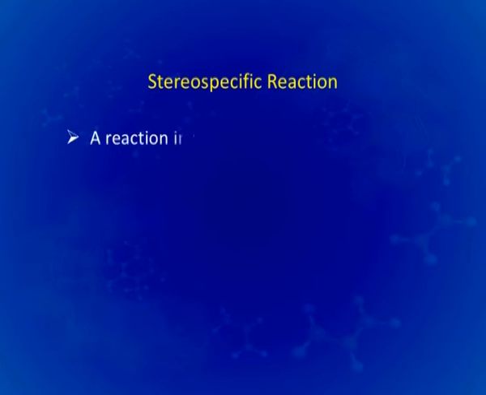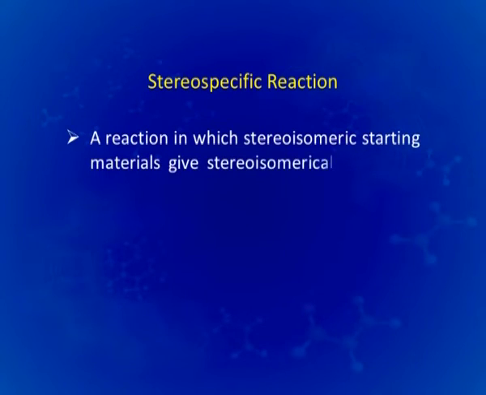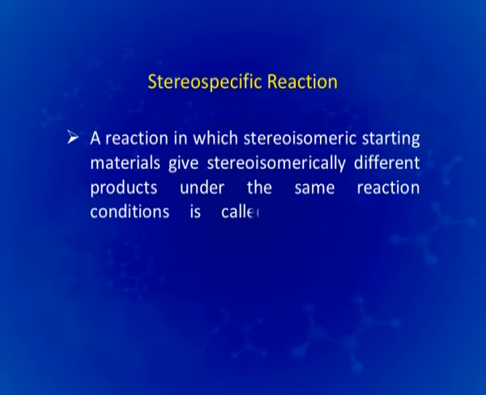Now, there are two important aspects which are related to the stereochemical evidence. These are stereospecific reactions, which are the reactions where the stereoisomeric starting materials give stereoisomerically different products under the same reaction conditions.